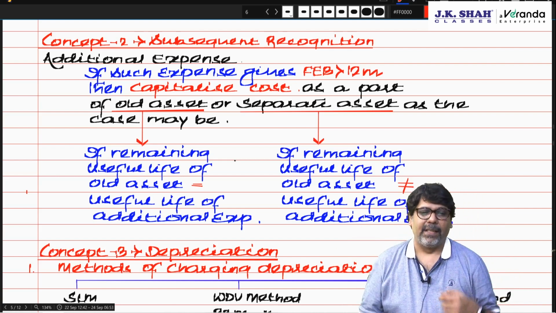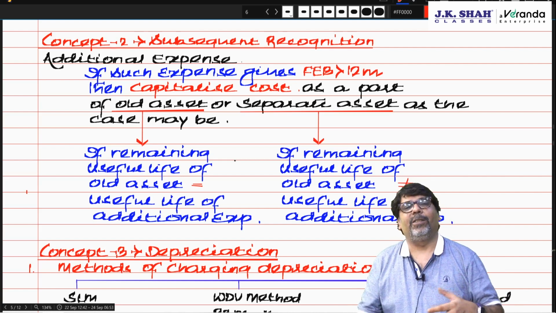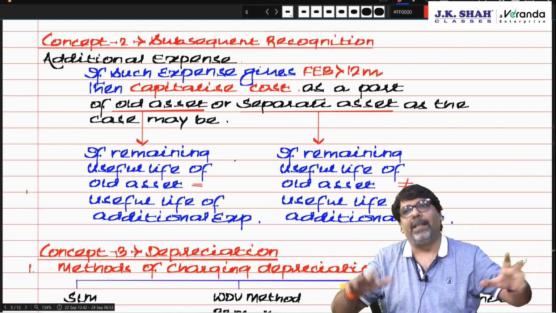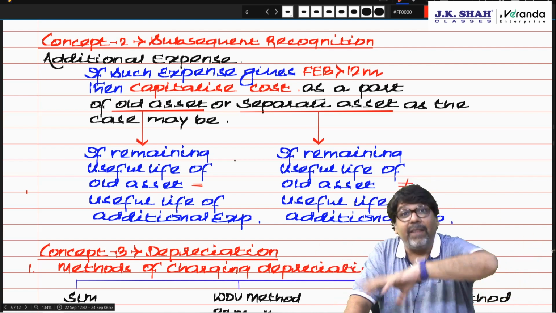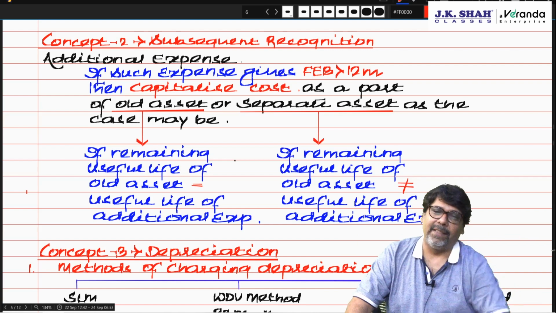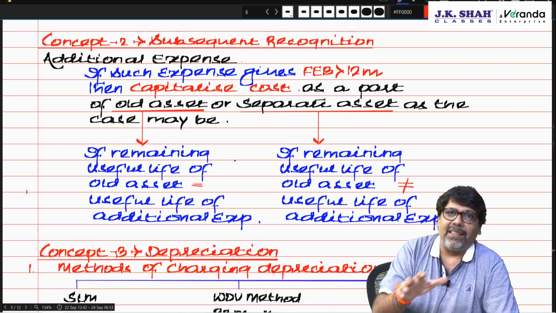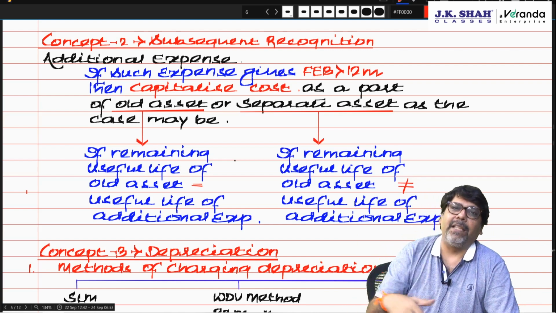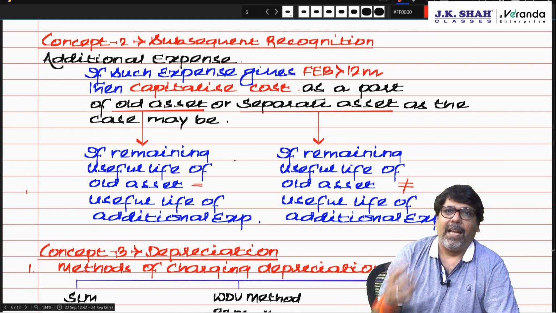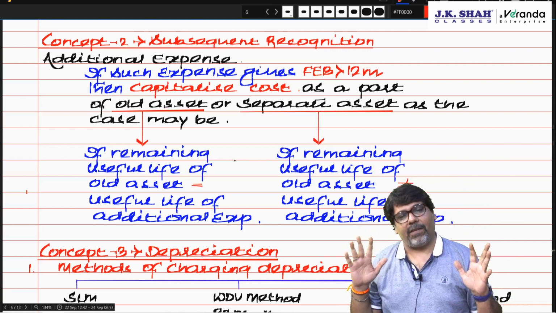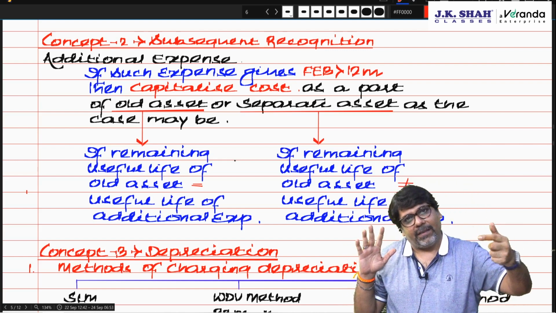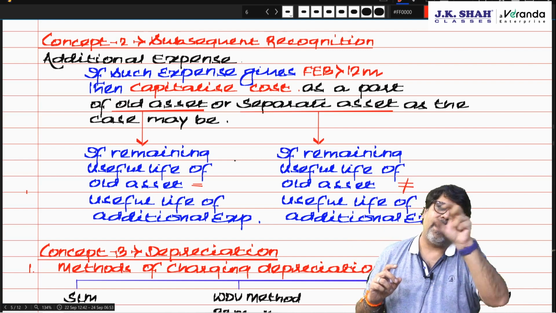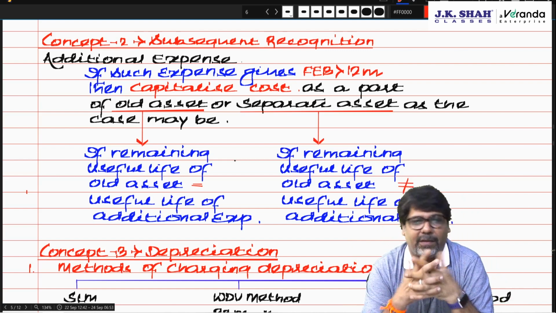Similarly, chartered accountants, consider additional expenditure. You have seen at the airport the conveyor belt we call, where we pull out the travelers' luggage. That conveyor belt has a major overhaul expenditure every 3 years, a major inspection cost every 3 years. Is the benefit of that expenditure 1 year or more than 1 year? Sir, more than 1 year.